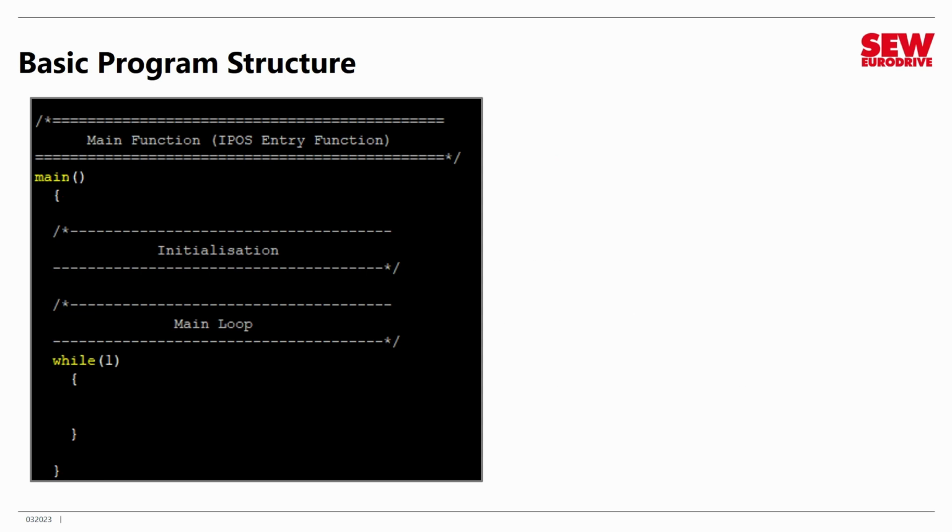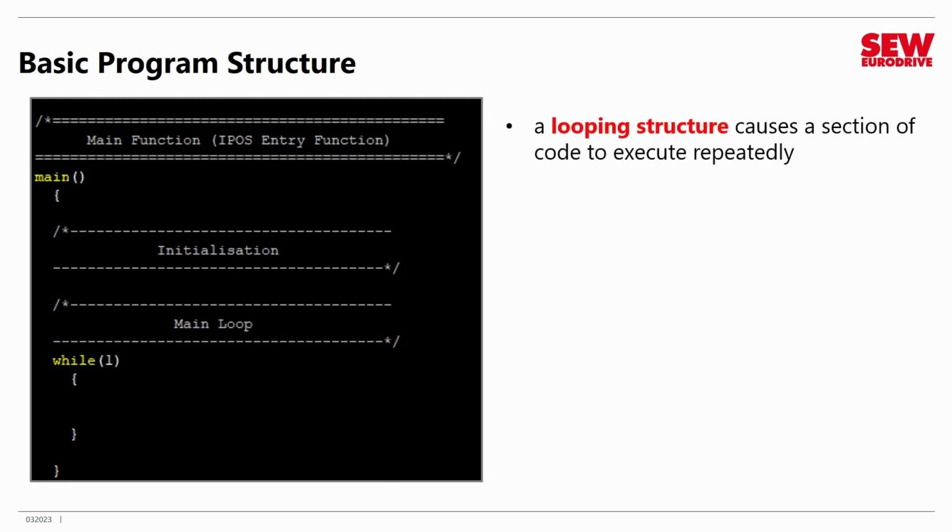Now let's talk about that whole issue of reinitializing the system over and over and over, or rather how to avoid having that happen. We use what's called a looping structure to prevent that from happening. A looping structure causes a section of code to execute repeatedly. And we have a looping structure right here. It's the while one structure that I've highlighted with the red arrow.